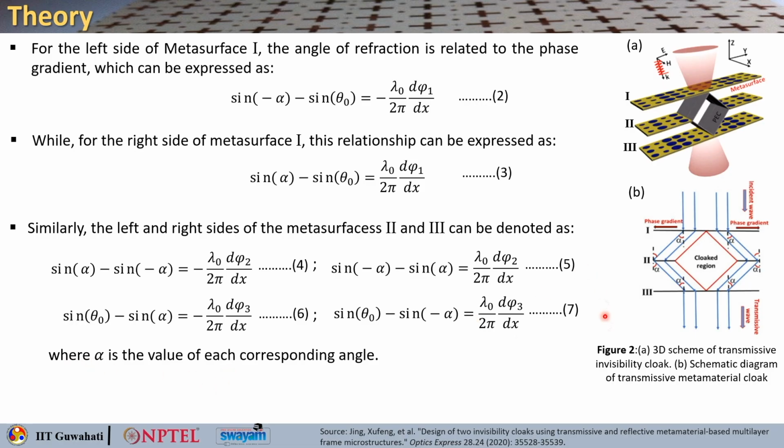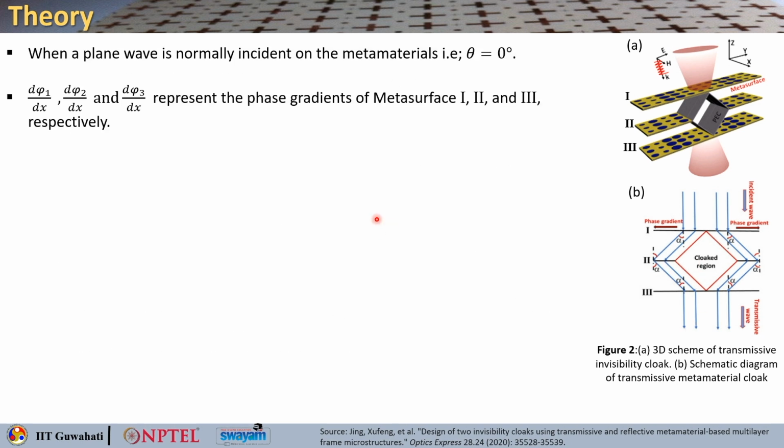So here as you can see that alpha is basically the value of each corresponding angles. Now if you consider the case of a normal incident light as shown here, you can simply take theta equals 0 degree, right, and these three terms d phi 1 by dx, d phi 2 by dx and d phi 3 by dx, they basically represent the phase gradients of meta surface 1, 2 and 3, right.